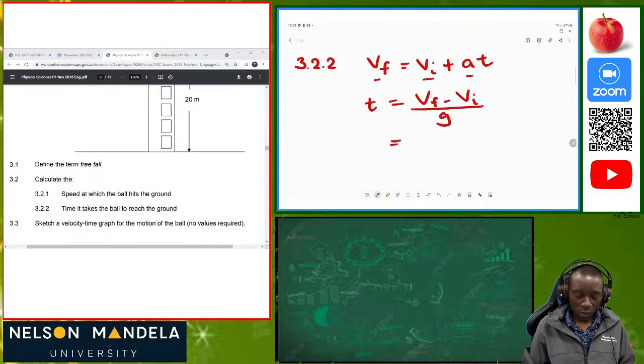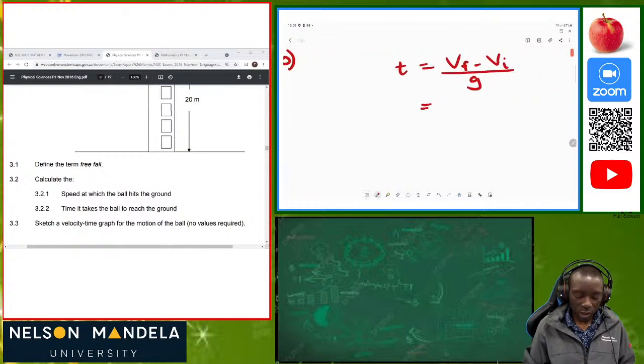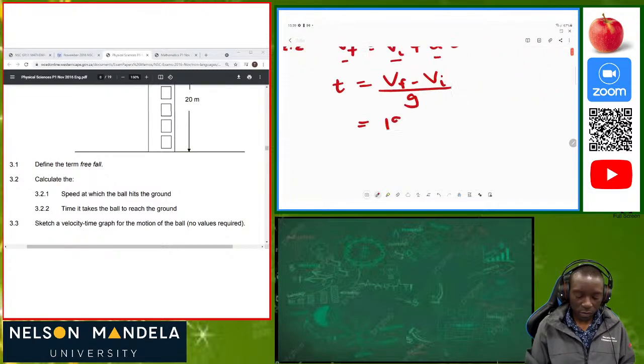And therefore, we use our Vf, 19.8 minus 0, over 9.8. And that gives us t equals, you can calculate that also, see what you get.